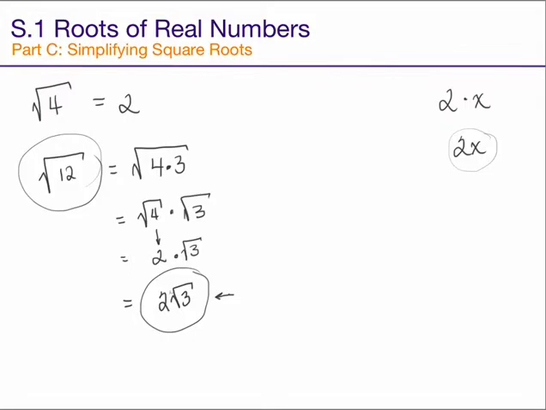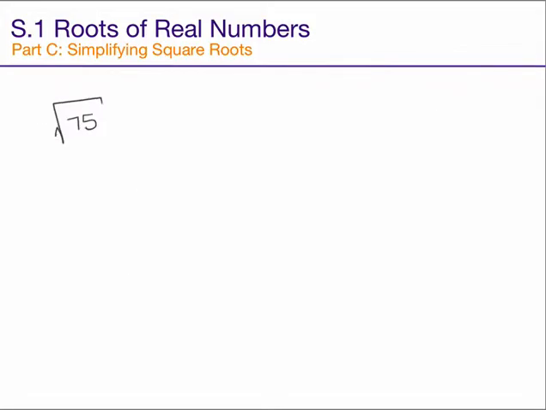Let's do another example. The square root of 75. What number do I have to square to get 75? There is no integer that I can square to get 75, but I can rewrite the square root of 75 as the square root of 25 times 3.